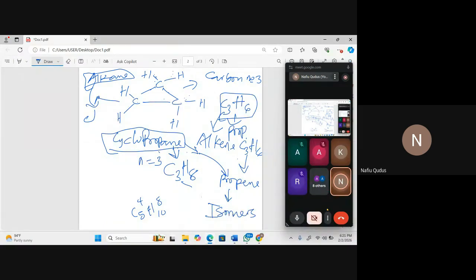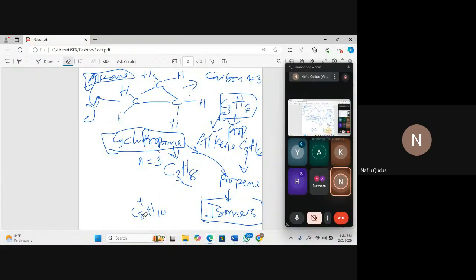They are of the same what? Isomers. Because they have the same number of carbon and the same number of hydrogen, they belong to the same isomers. But how you draw it is slightly different. Are we together?